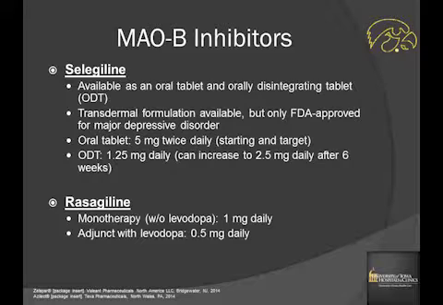But both of these have oral tablets and orally disintegrating tablets for the selegiline, which again can be beneficial if patients struggle with swallowing. And the doses here, much like the other medications we've talked about, should really be started at the lowest possible dose and titrated very slowly. Again, probably at the soonest after 2 to 4 weeks.